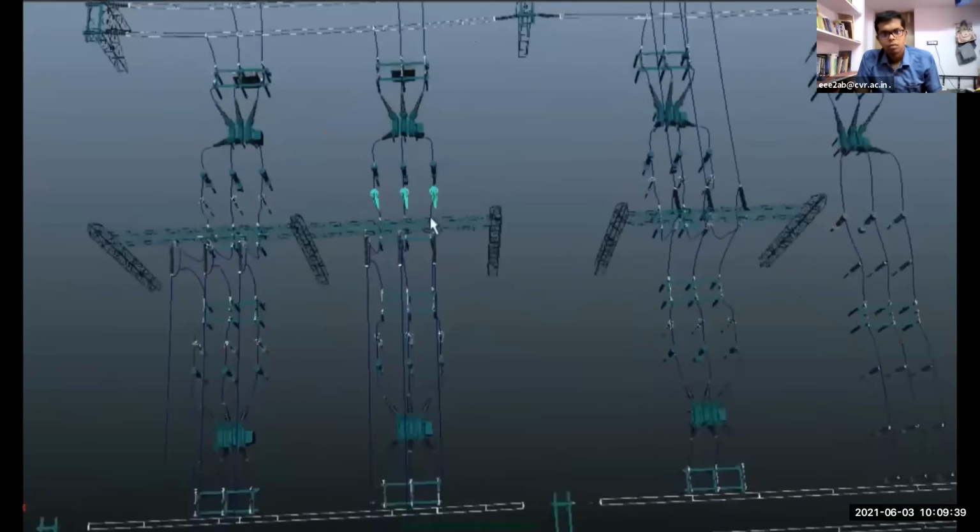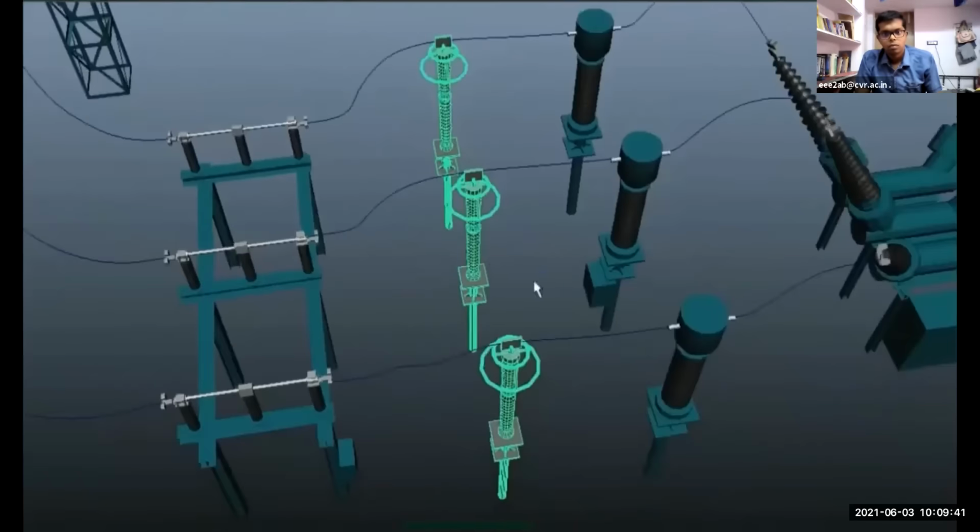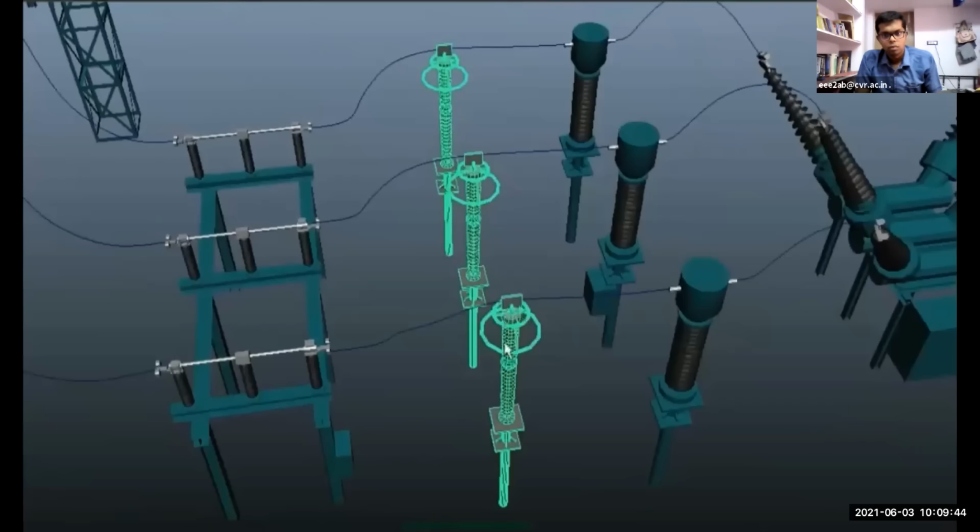These are the surge arrestors, which are used to earth the voltage surge produced in the system during the switching operation, or a rise in the system due to lightning strikes on the transmission line during bad weather. While switching the isolator on and off, a sudden surge will come.